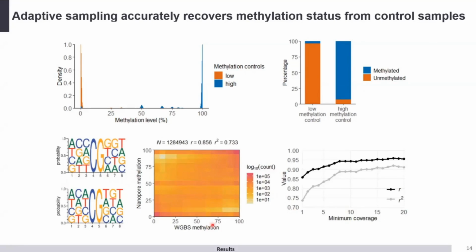We observed a good correlation, as shown in the heat map, with a Pearson's R of 0.86. To delve deeper, we randomly sampled about 1,700 observations across coverage levels from 1 to 20, and we find that correlation values slightly increase with coverage.